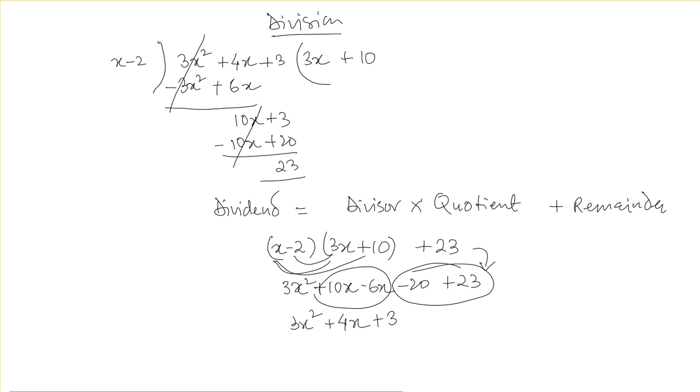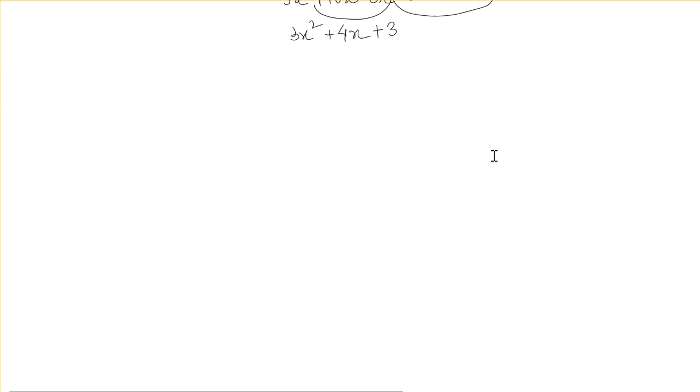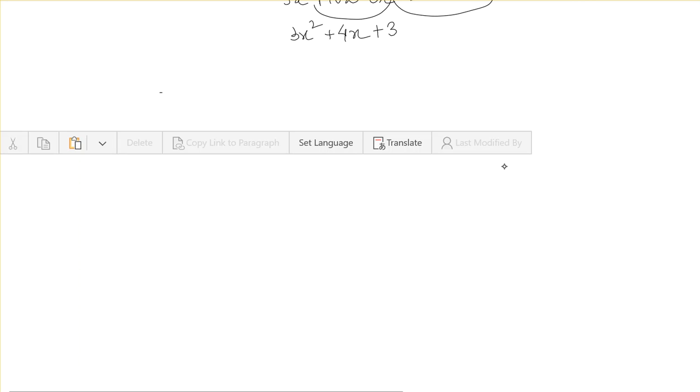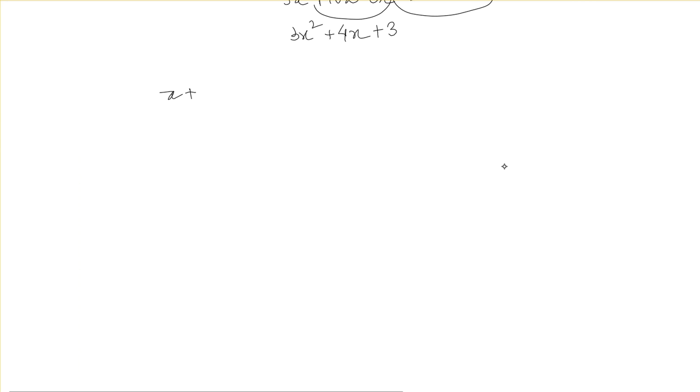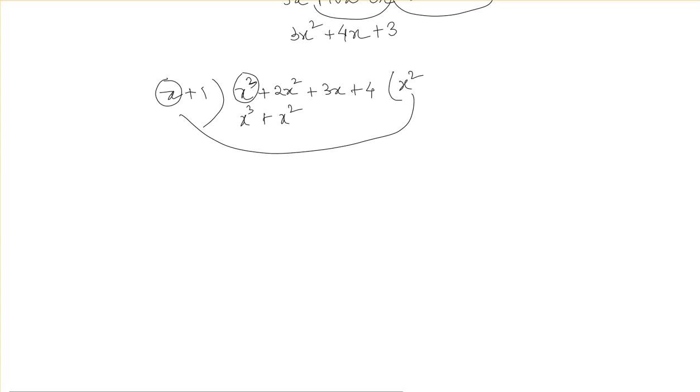Now we move on to another example. x plus 1 divides x cube plus 2x square plus 3x plus 4. We focus on this and this, x square, x cube plus x square, because x square is multiplied to both x and 1.